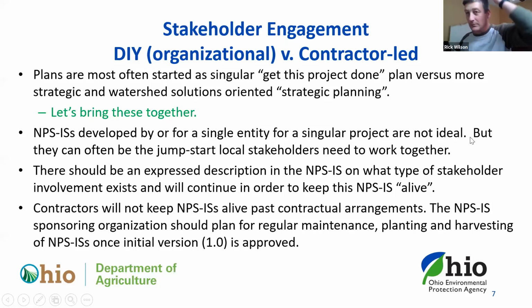These are long-term living documents, not just for one project. So the first ones can be a jumpstart for local stakeholders, and they have been. We've had some already on version 1.3, I think.